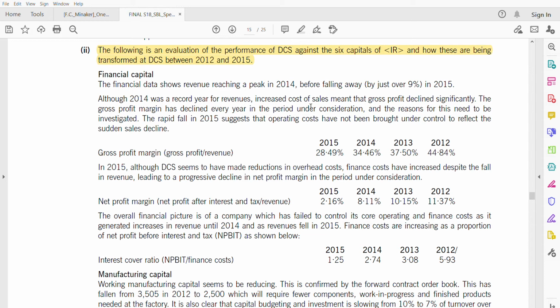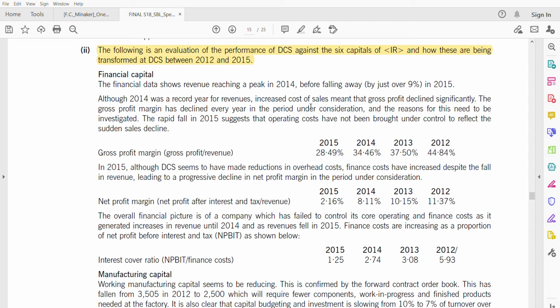This is another tip. When you're using the 6 capitals and you have to use both quantitative and qualitative features, try to use the quantitative features first. Try to use your numbers first, because you need to calculate, and numbers are very easy to interpret. It's given there, you can easily use it. But when you have to write theory, you have to think, and you might be wasting some time thinking how to write.